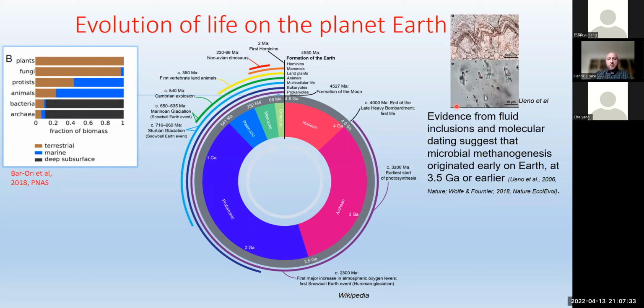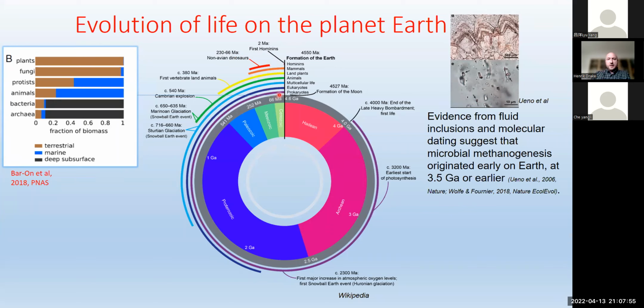And then as we move forward, we get into the great oxidation event, and then we get multicellular life and eukaryotes, and move into the times that we know better, with the colonization of land and with the dinosaurs and so on.